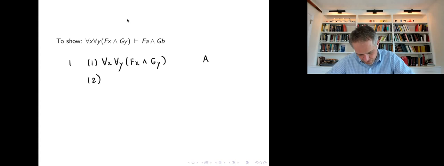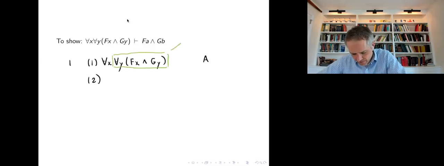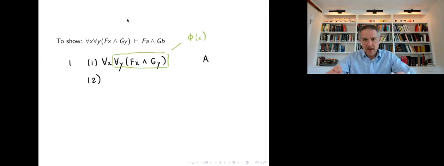So in this case, what's in the green box here after for all x applies to that. So this is like phi x. So what universal elimination tells me is that I can take off the for all x, I can put in whatever I want for the x.